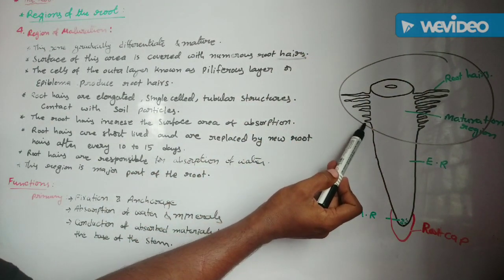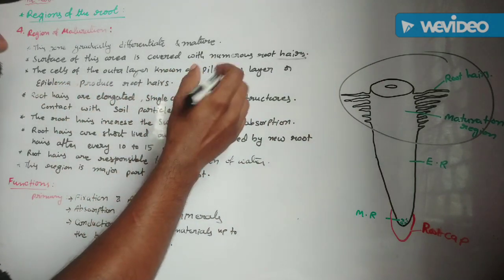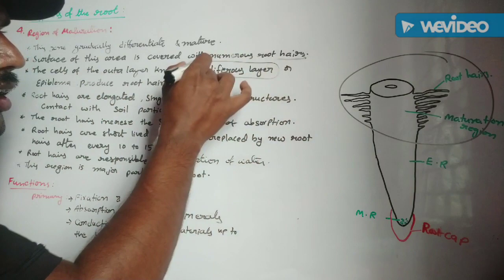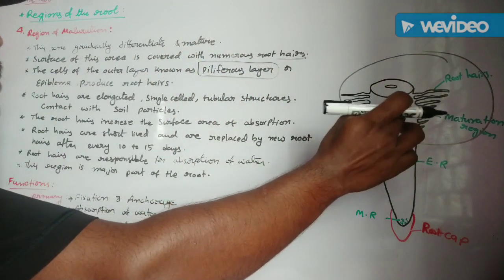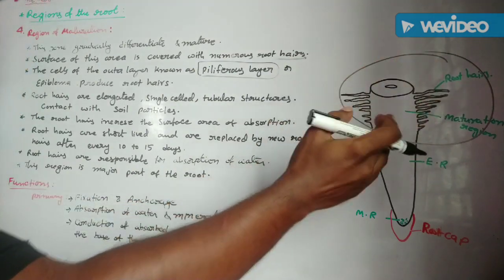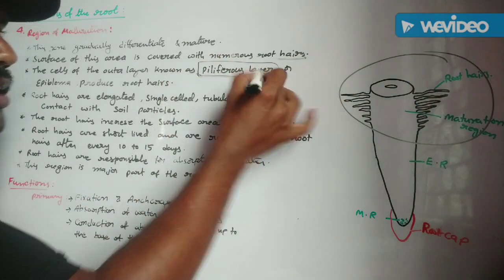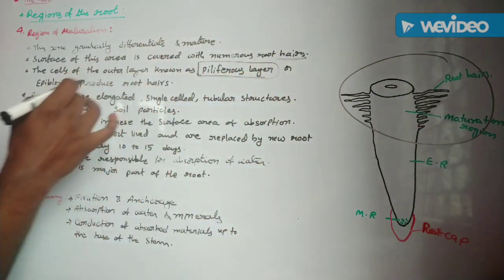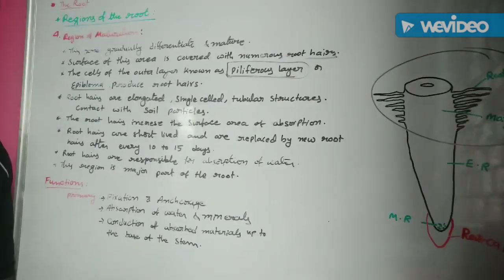Next one. The cells of the outer layer are known as the piliferous layer. It is very important. In this region, the outermost cell layer is known as the piliferous layer, or epiblema. Understand?